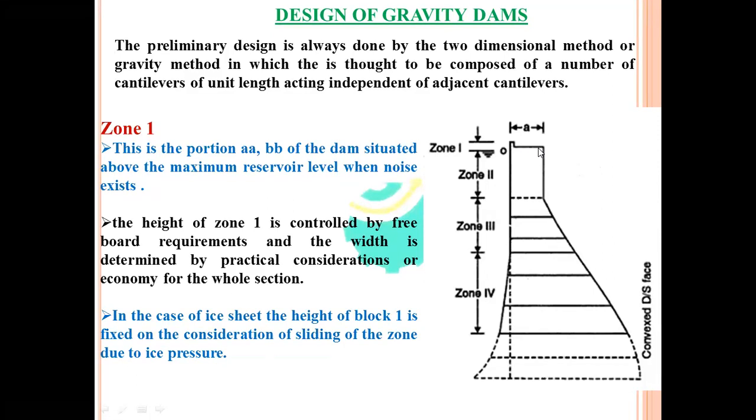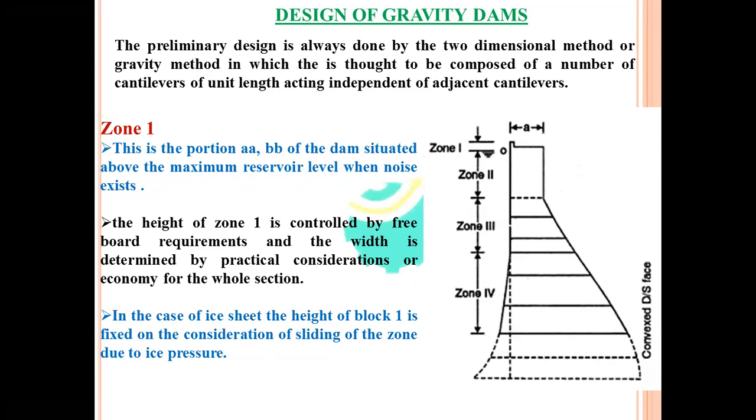The height of zone 1 is controlled by freeboard requirements, and the width is determined by practical considerations or economy for the whole section. So zone 1 is controlled by freeboard because it is at the top of the dam, at the freeboard section only.